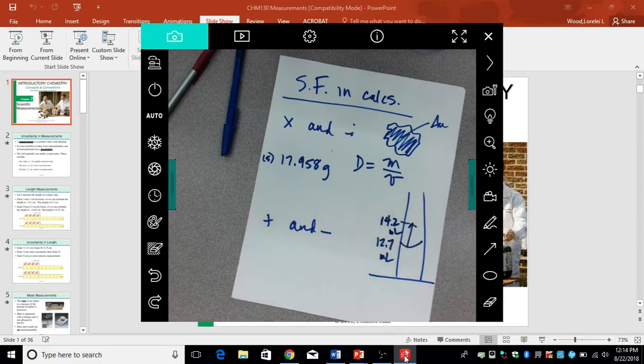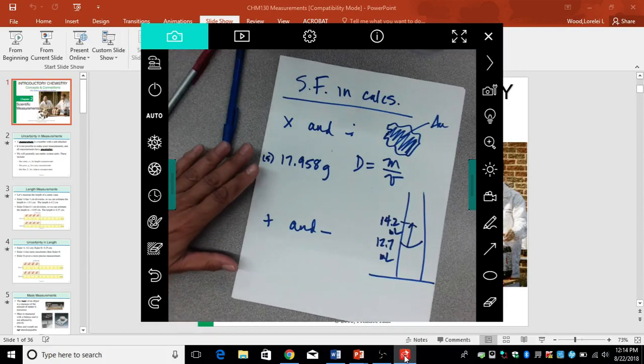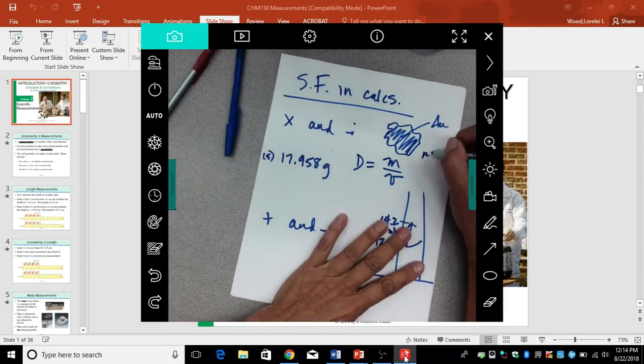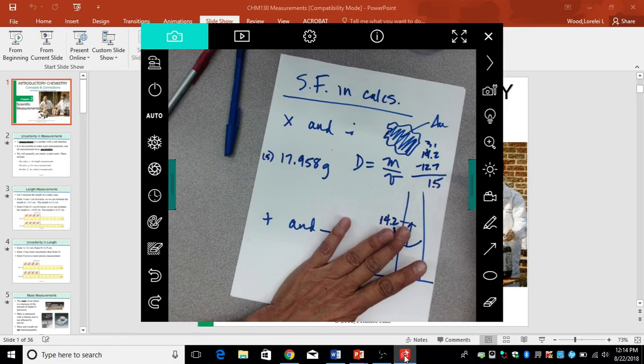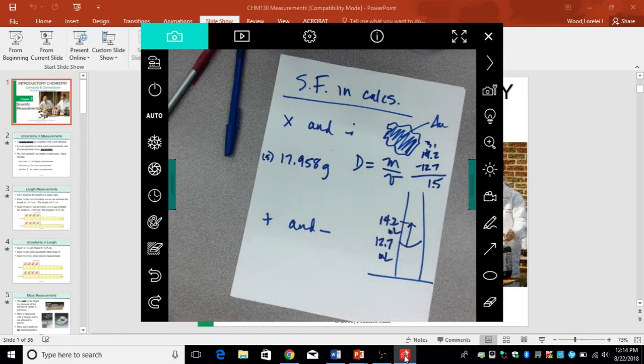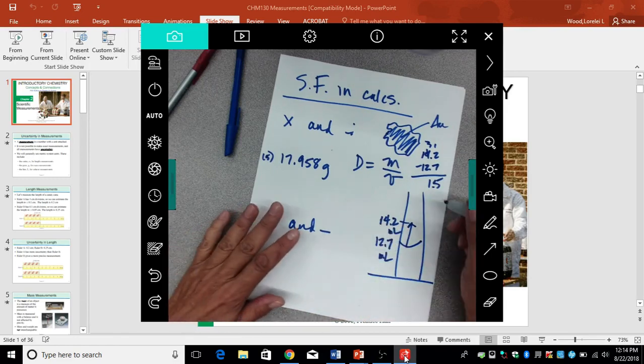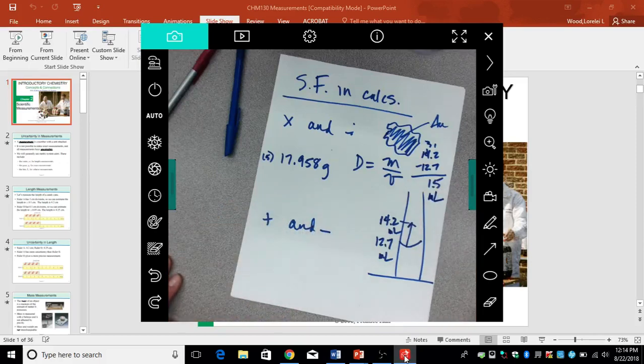So it started at 12.7, it went up to 14.2. How could I figure out the volume of my hunk of gold? 14.2 minus 12.7. Right, so let's see, what is that? Looks like about 1.5. 1.5 milliliters is the volume of my hunk of gold.